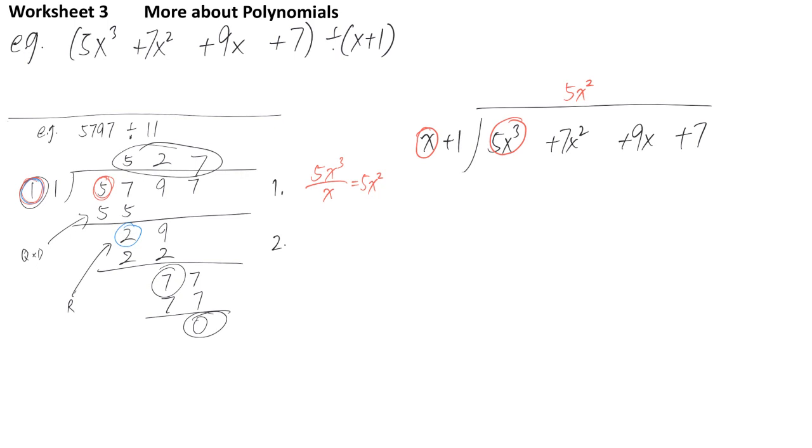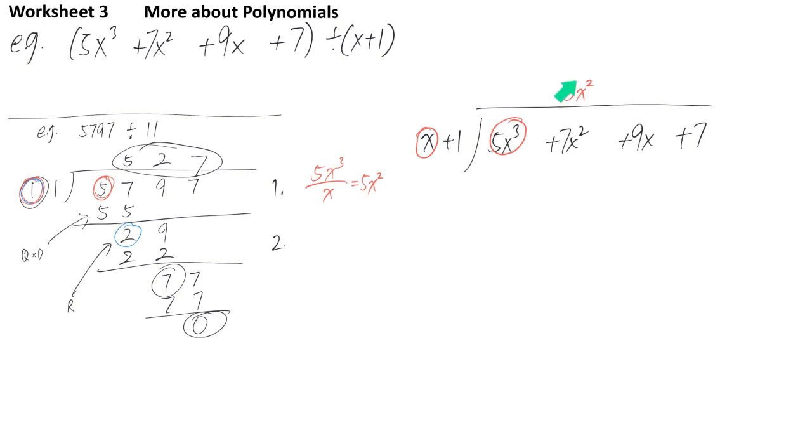The second step, if you still remember, is the multiplication. That means the quotient times the divisor to get the intermediate result. So I am going to write 5x squared times x plus 1 here. That means every term we have to multiply by 5x squared. But usually we don't write it this way; we remove the bracket immediately.